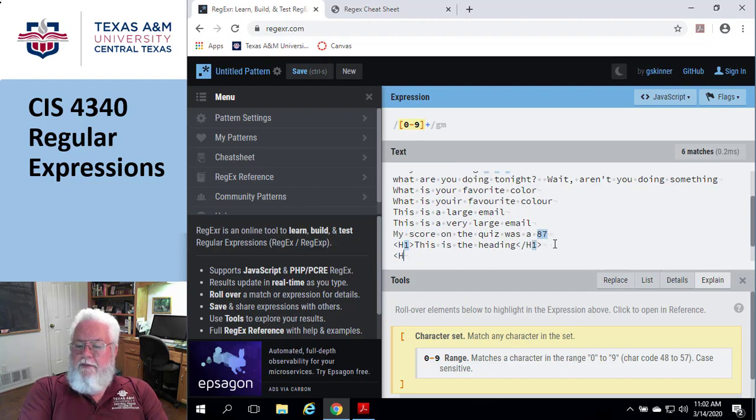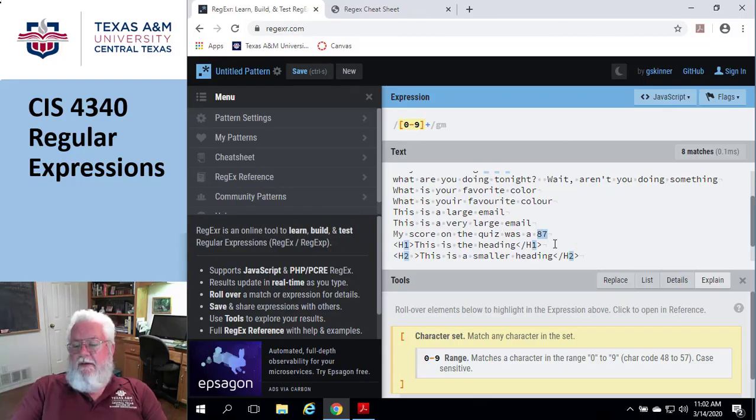And then I go down here to H2. By the way, it's perfectly okay, and it's not considered an error in HTML, to have a space there. You can have a space in there and it won't matter. So this is a smaller heading.